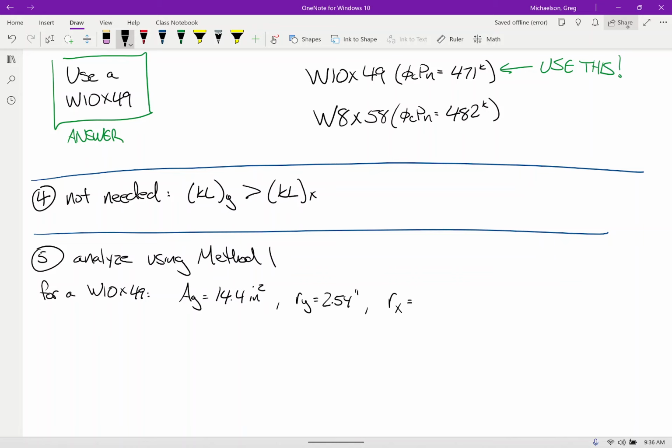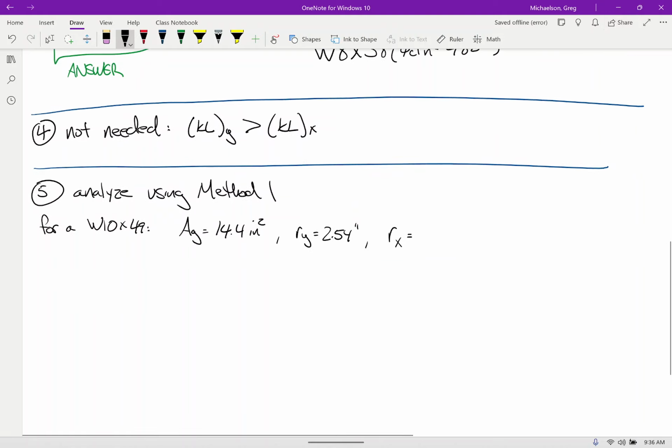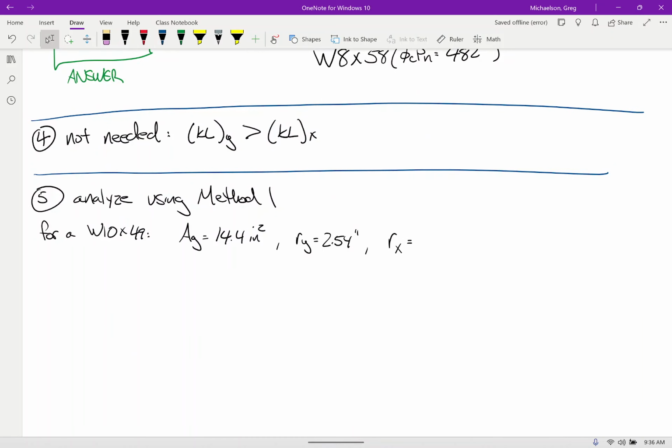Somebody give me its RX. It's not going to be in table 4.1. You're going to have to look it up in the front. Say it again. 4.35.